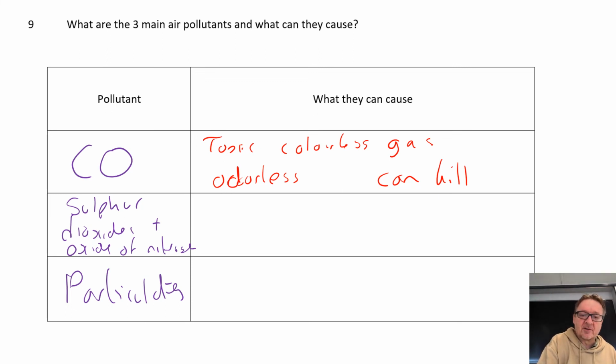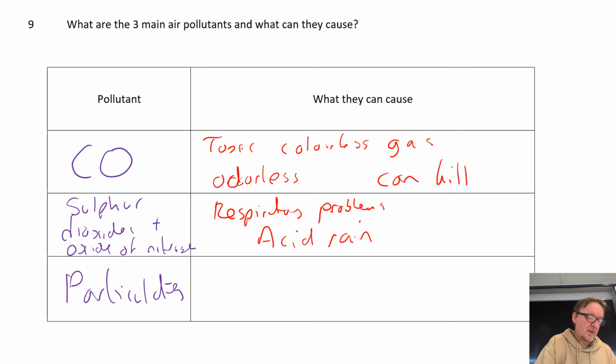Sulfur dioxides and oxides of nitrogen can cause respiratory problems and things like acid rain. Particulates can cause global dimming and other health problems, particularly to do with the lungs.